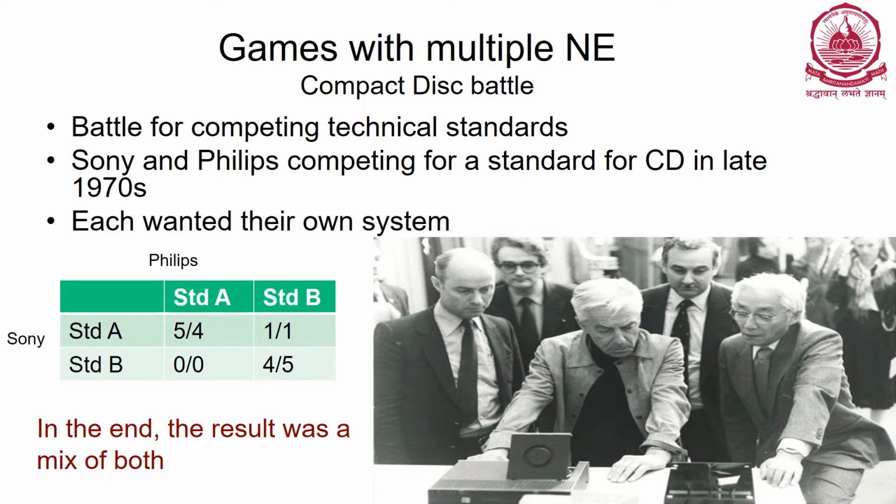And finally standard B, used by both, which was invented by Philips, so Philips is a little more happy. And standardization happened, so that is 4 for Sony. So if you see here, there are two equilibria, standard A and standard B. So what will happen? A mix of both standards resulted in the end of this game.